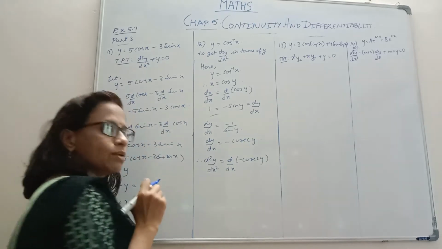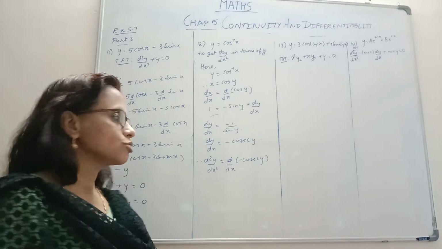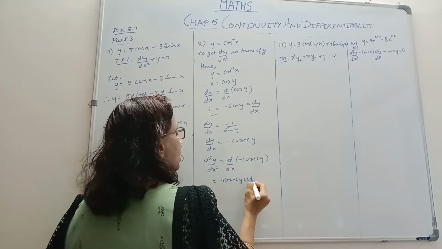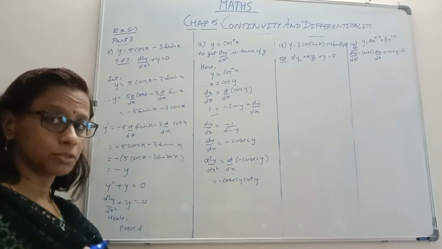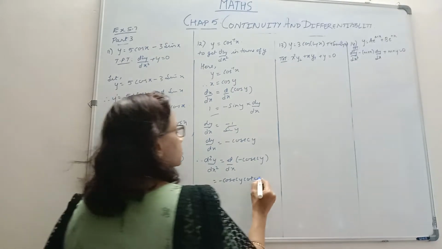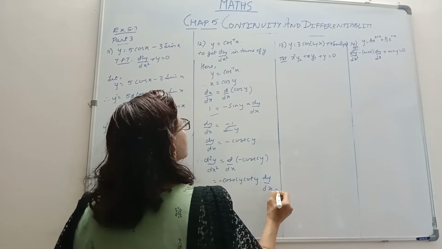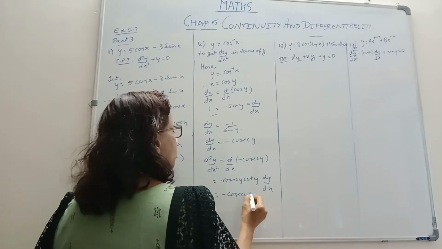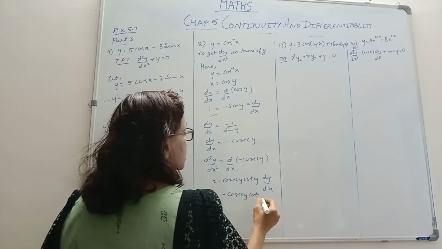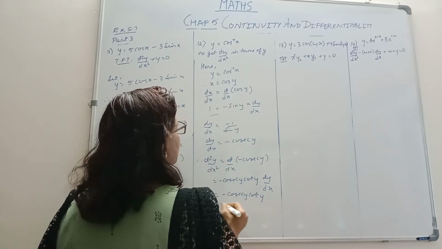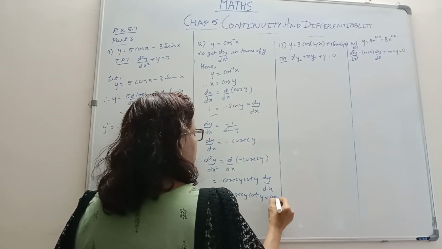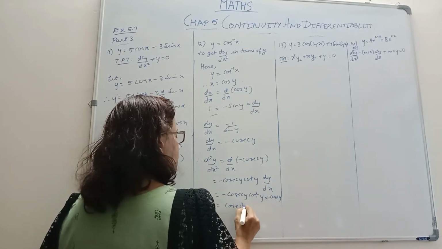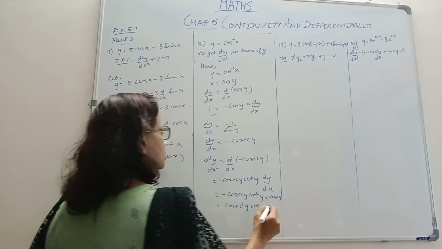See, the derivative of cosec y is minus cosec y cot y with respect to y, but this is with respect to x, so it will be times dy by dx. They want it in terms of y. So minus cosec y cot y times dy by dx, and we know it is minus cosec y. So what happens? We are getting positive cosec squared y cot y.